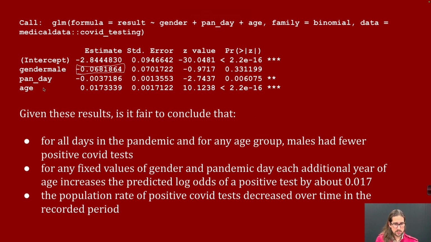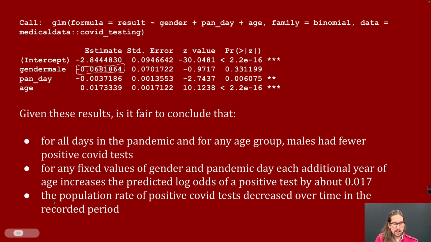So if I increase the value of this predictor by a little bit, here's how my predictions would change. Nothing wrong with that, because you're clearly saying this. What's changing here are the predicted log odds, not the true log odds. Moreover, you're correctly saying that this is for fixed gender and fixed pandemic day.